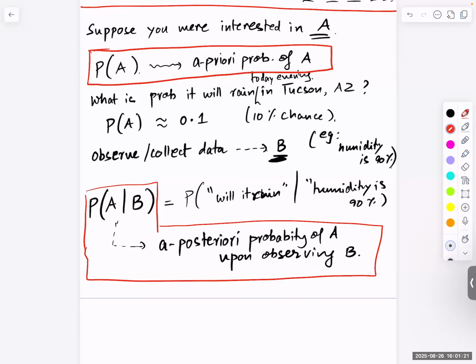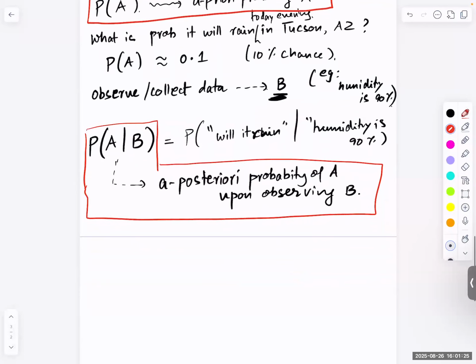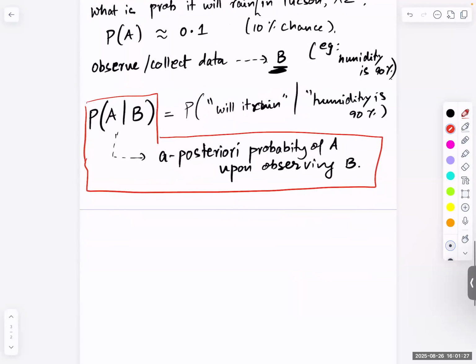Okay. So now if you think about Bayes' rule, what is Bayes' rule actually doing?